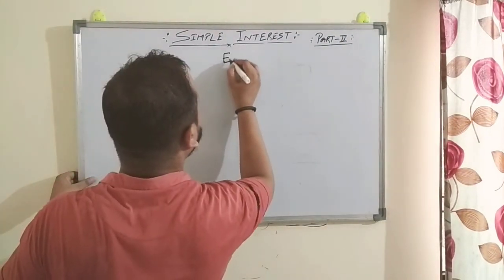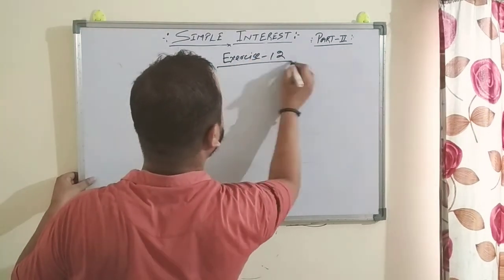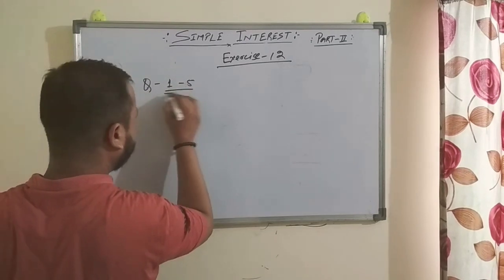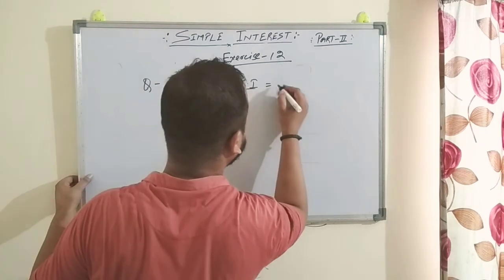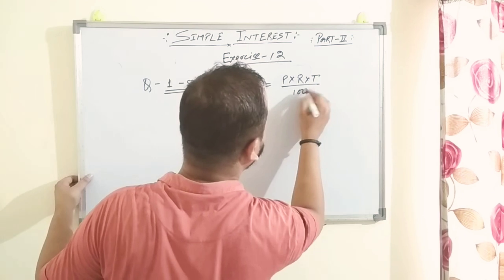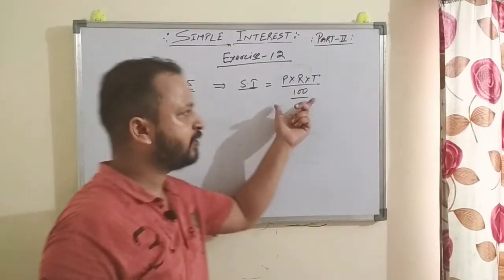Exercise 12. From question number 1 to 5 you have to find out SI, and we know the formula for SI, that is P into R into T by 100. From question number 1 to 5 you have to use this formula.